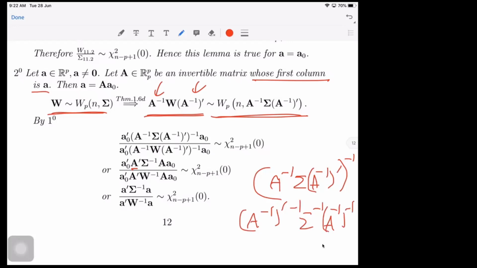So may mo siyang A prime sigma inverse A. Okay? Can we do that? Do we have a result? Or pwede ni siya? Nani siya na ano? Na result? Kaya maogi na nahitabo.